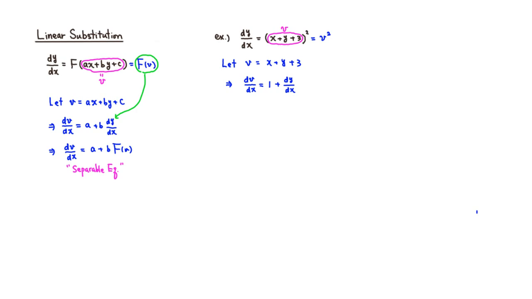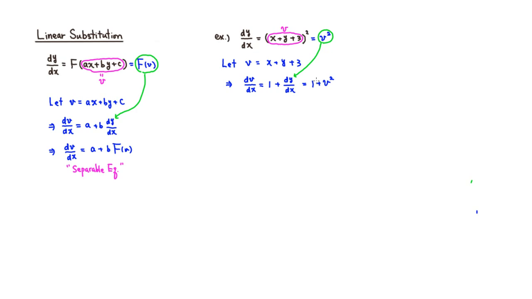But since we have an expression for dy over dx, which is v squared, we can plug this in right here. So what we get is simply 1 plus v squared, right? So we have this separable equation.